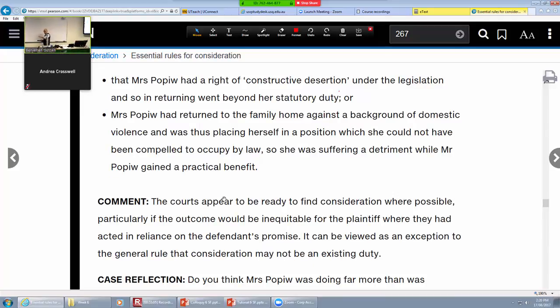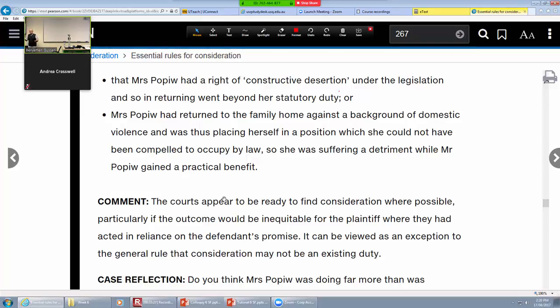So they said by returning she was forfeiting something called constructive desertion because of the domestic violence. So what she did by returning was over and above what she should do under the act in terms of returning and living with her husband. And that's all you need to establish consideration.